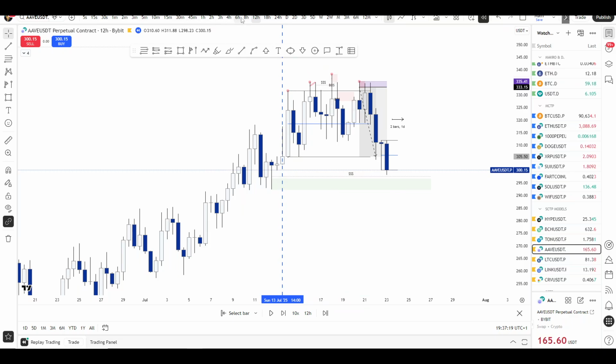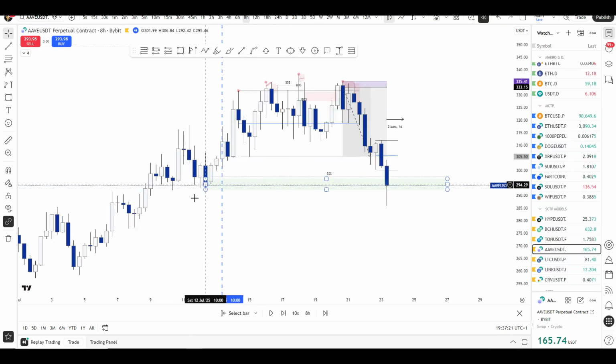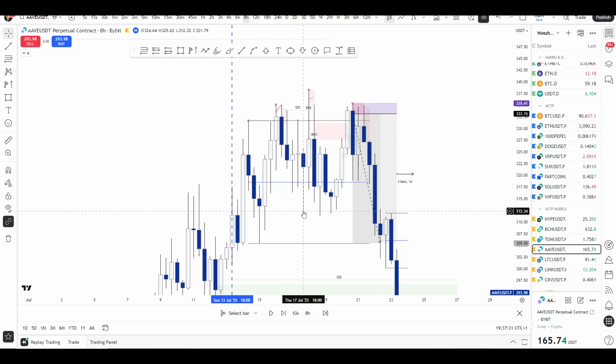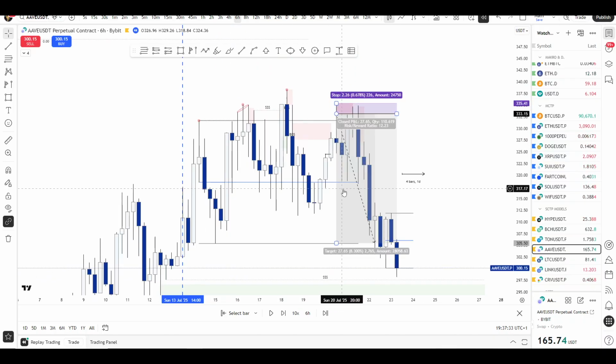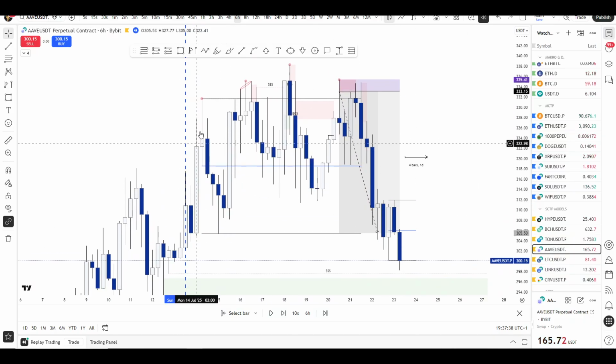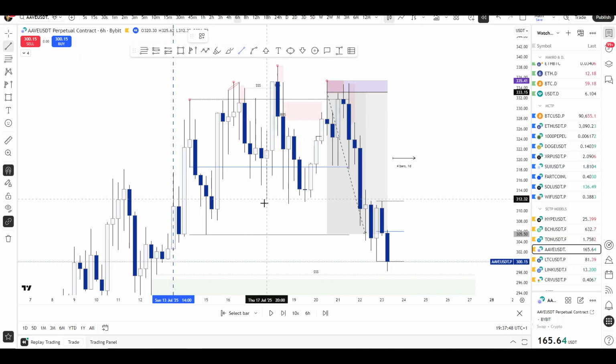This is not a 12-hour range. Up, down, up. We don't have 2 candles up after this low, so this is a 6-hour. Up, down, 2 up, 2 down, up, down, up. So yeah, we broke 6-hour market structure right here.